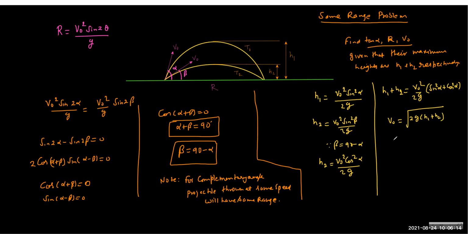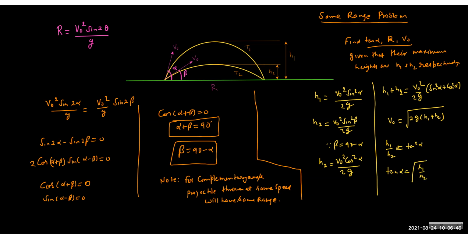And because we know h1 and h2 in terms of alpha, if we divide h1 by h2, you will automatically get tan alpha. There are three operations which we do normally: we multiply, we divide, and we add. We don't subtract. So if we divide h1 by h2, tan alpha turns out to be under root of h1 by h2.